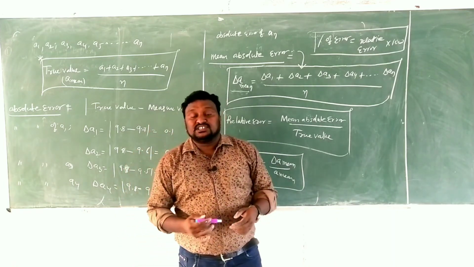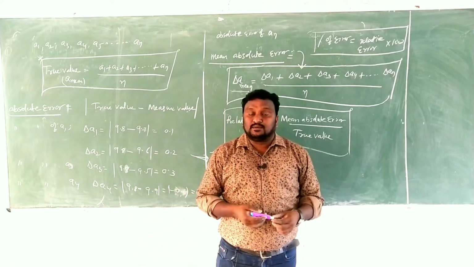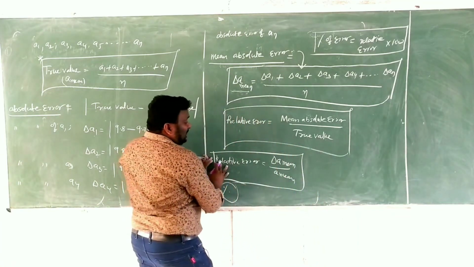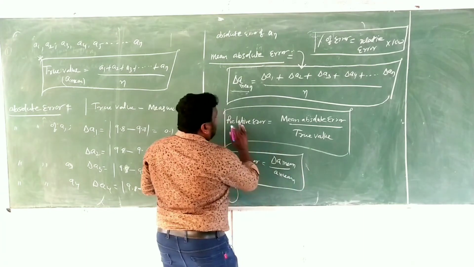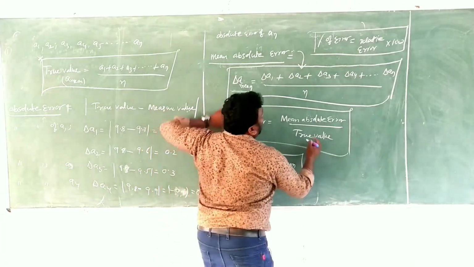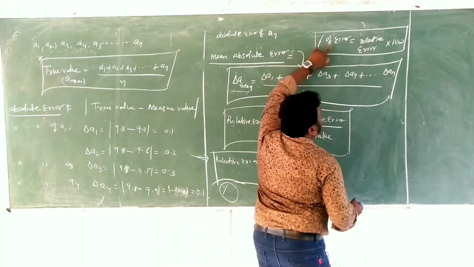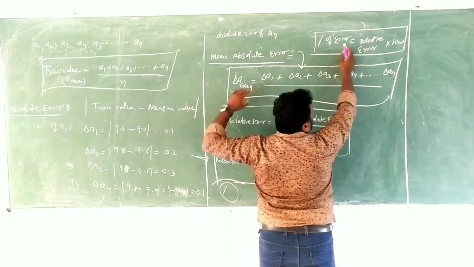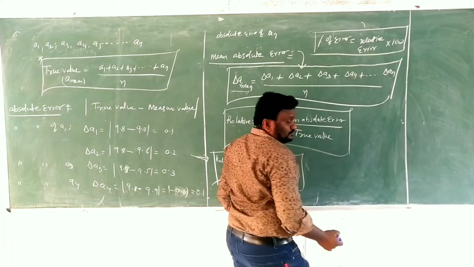Now, the next definition is percentage of relative error. So if we multiply the same thing, percentage of error should be written like this. Percent of error is equal to relative error into 100.